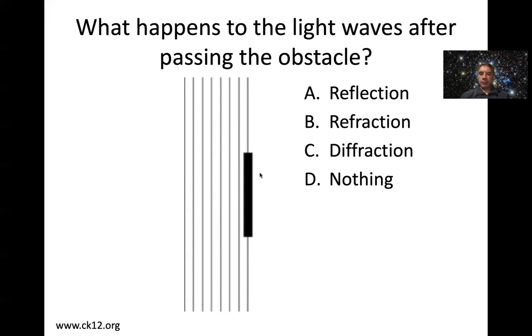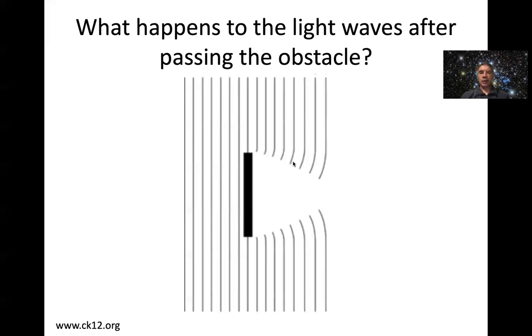So let's have a look at what happens. So any wave phenomenon that encounters a sharp edge like this will undergo diffraction, which is a bending of the light waves or the waves behind the obstacle.